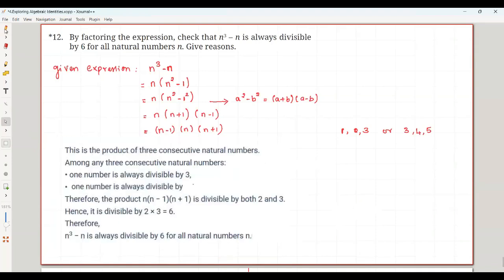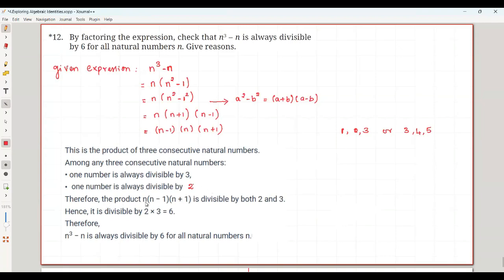So this is the product of 3 consecutive natural numbers. Among any 3 consecutive natural numbers, one number is always divisible by 3, and one number is always divisible by 2.